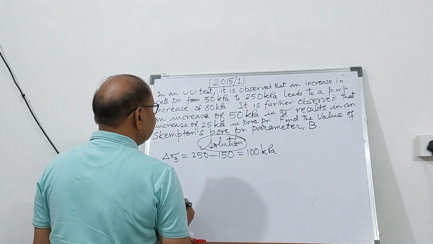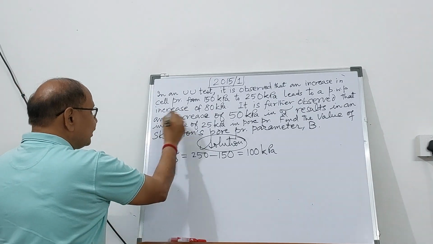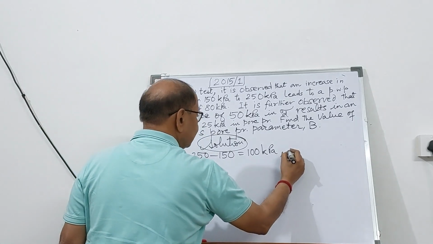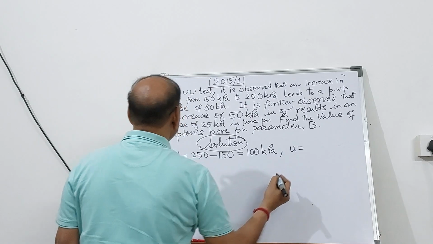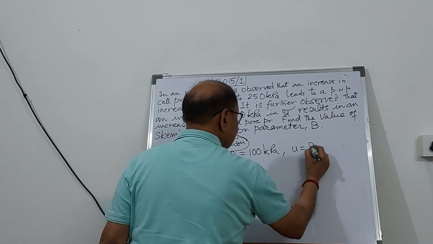So in undrained test this is the increase, but simultaneously the corresponding increase in pore water pressure delta U is going to be 80 kilopascal.